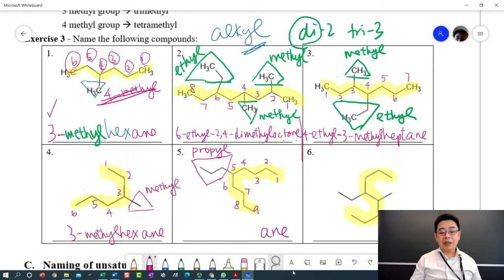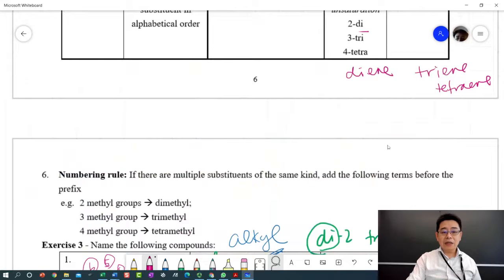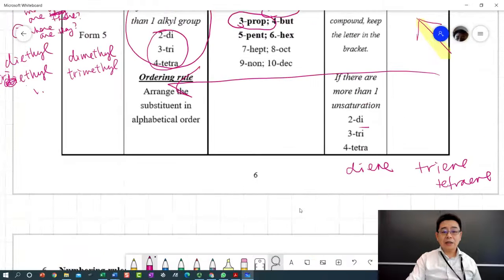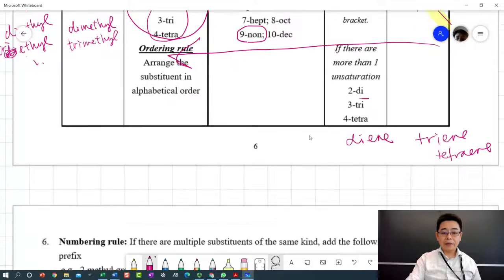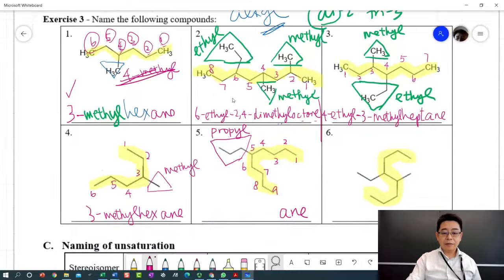How about 9? Do you remember 9? Because for the DSE, they will ask you up to 8. So 9 will be non, N-O-N, okay, non. So over here is the non- name.